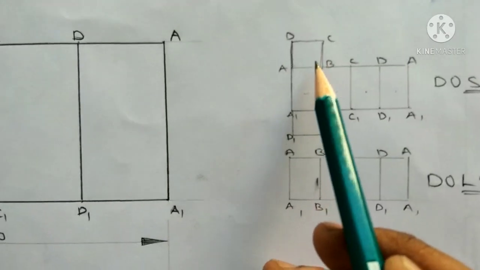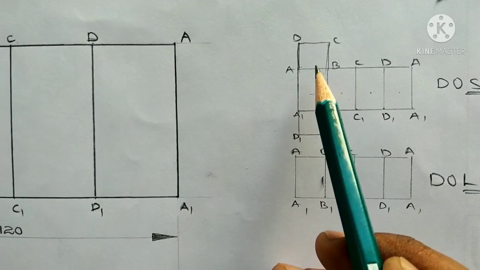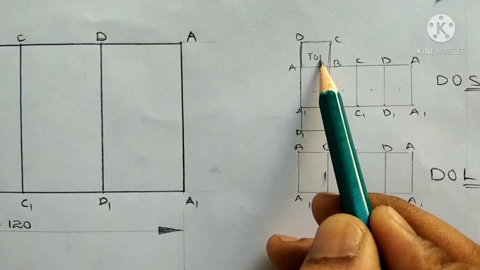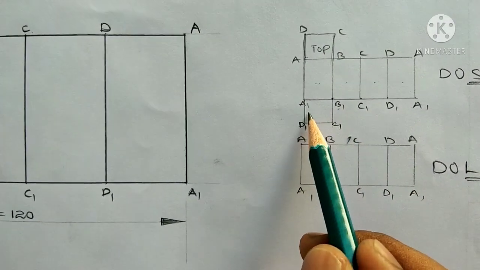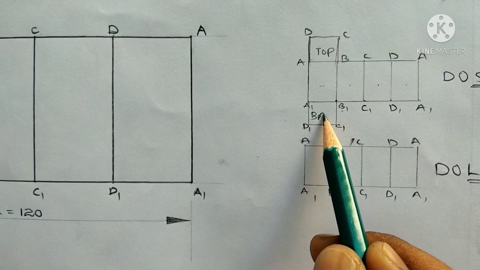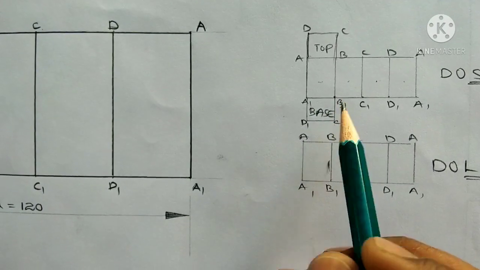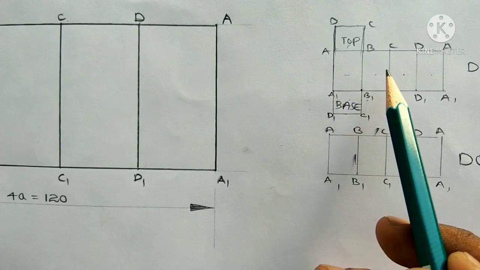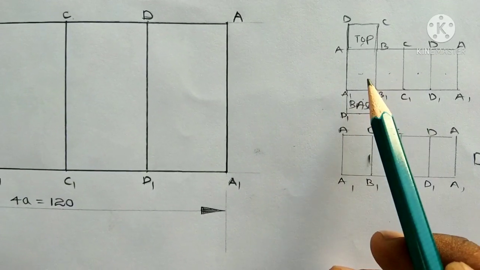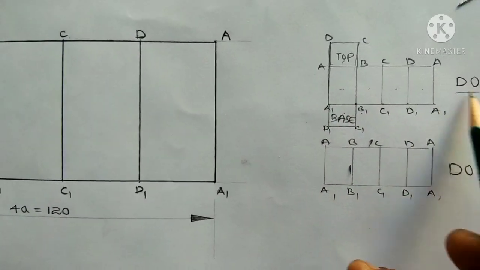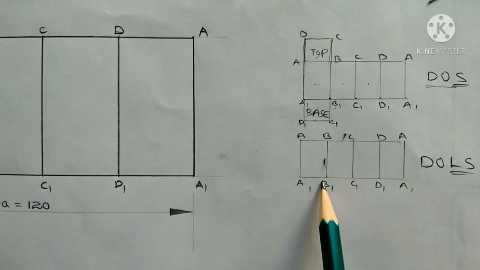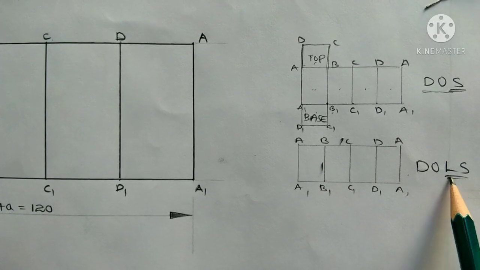And if you come into the another parts, this one is square plane, that is top surface, and this one is another square plane, that is base surface. So if we include top and base surfaces in the development of objects, that is called development of surfaces. Without top surface and base, that development is called development of lateral surfaces.